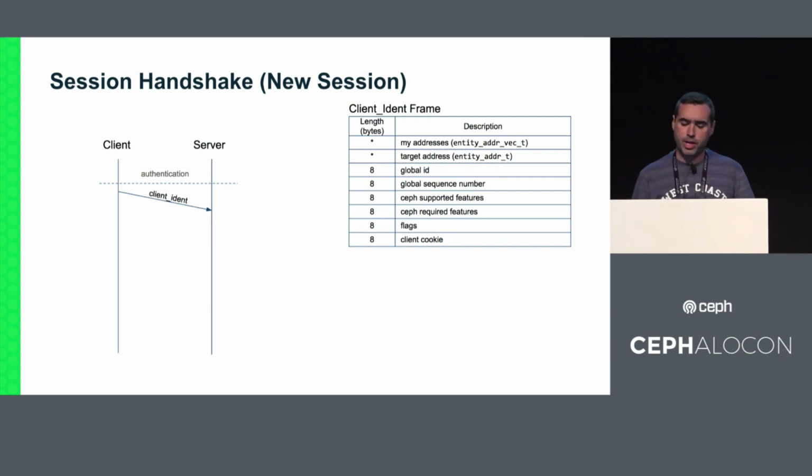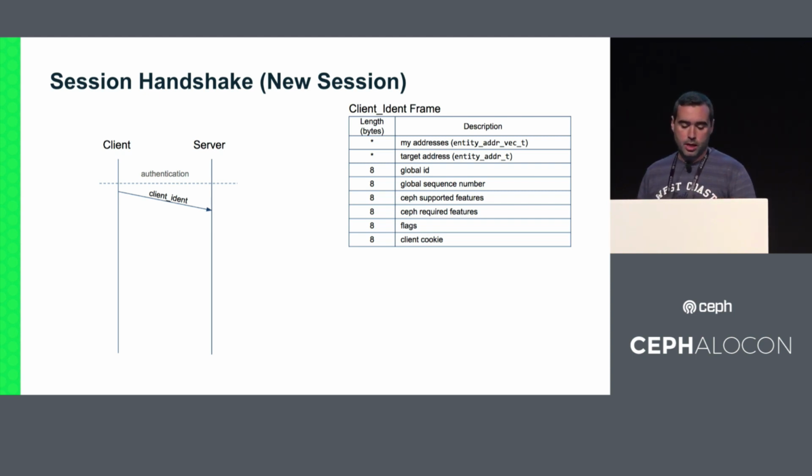It has a lot of information, like what my addresses are, the address of whom I think I'm contacting, my global ID, the Ceph supported and required features, and also, very important, the client cookie, which will identify this session, at least on the client side, and will be very useful when reconnecting to sessions.